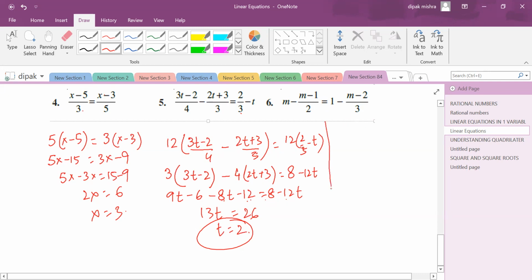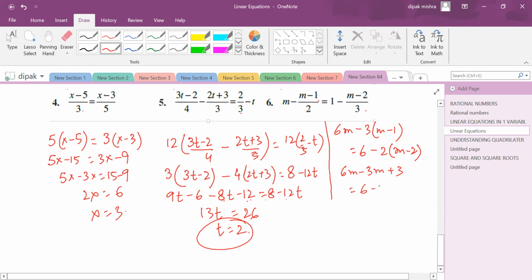So I do the same thing and multiply both sides by 6, because the LCM of 2 and 3 is 6. What are we getting? 6m minus 2 times 6 is 3. So 3 times (m minus 1) is equal to 6 minus 3 times 2 into (m minus 2). So it will be 6m minus 3m plus 3.